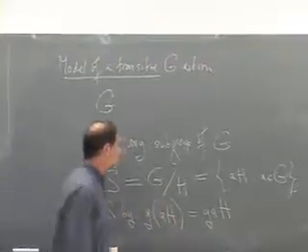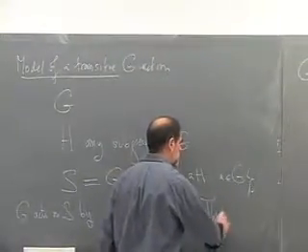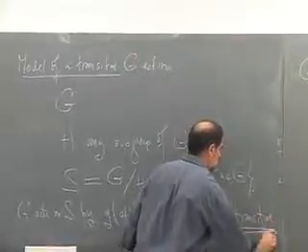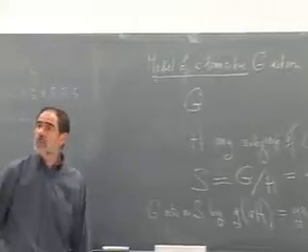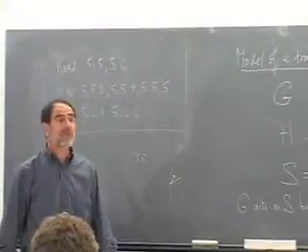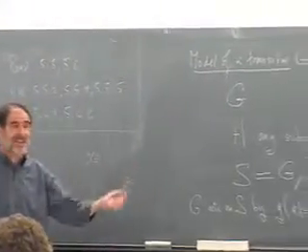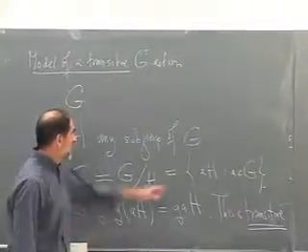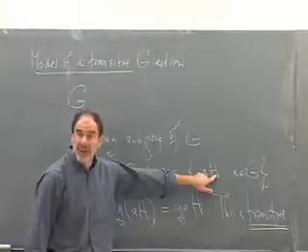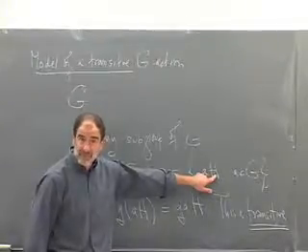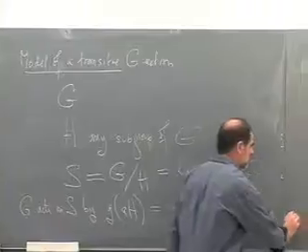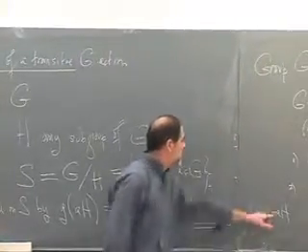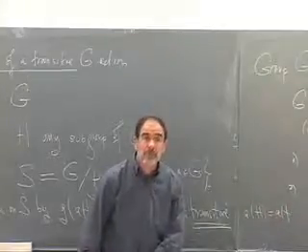I claim this is transitive. You agree? Well, I just have to find one coset that I can take into anything. And if I take the coset H, and I want to take it to the coset AH, I just translate by A. So I can get from H to any other coset via this group action.